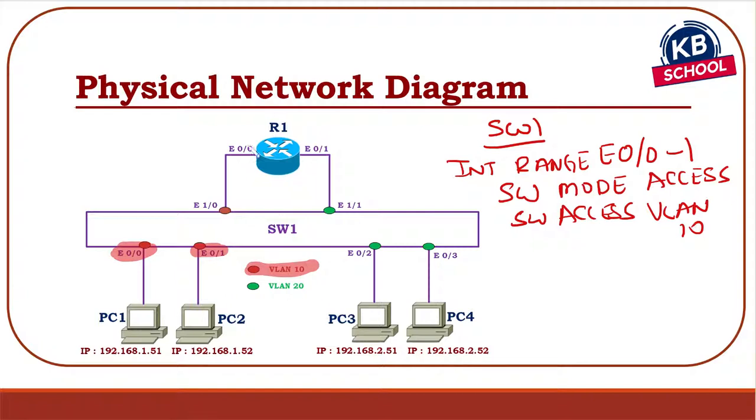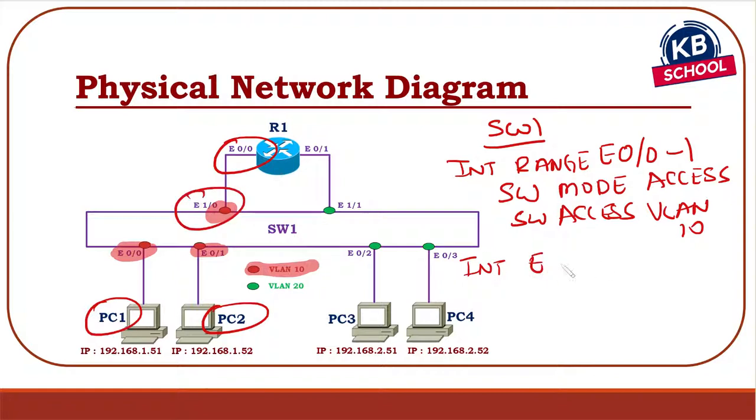Now I also want this port over here to be part of the same VLAN. Why? So that it can communicate to the router, so that the PCs that I have over here, PC1 and PC2, can communicate to router 1 as the default gateway. So also on the same switch, now I'm going to say interface E1/0, and I could have done it in the same range if I knew.